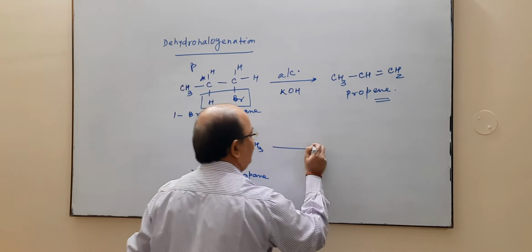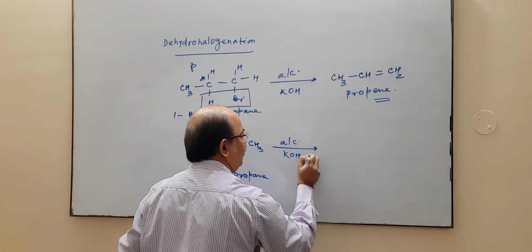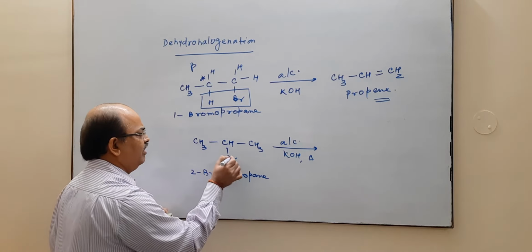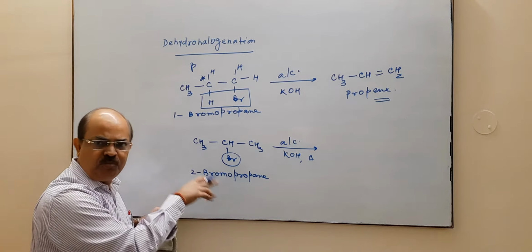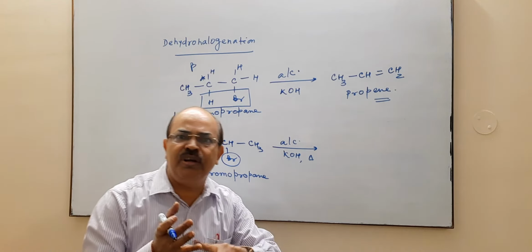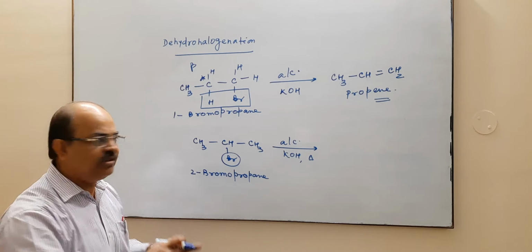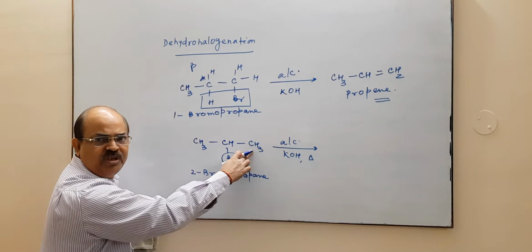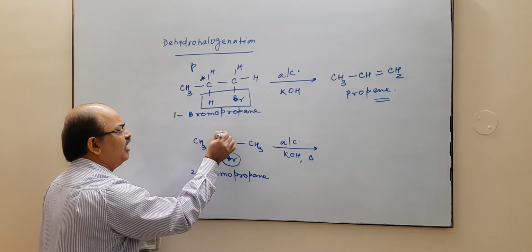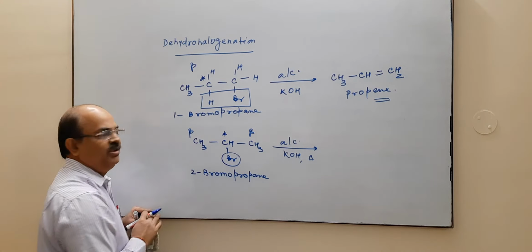Now if we heat with alcoholic KOH, again delta for heat, now what will happen? This bromine will be eliminated, while hydrogen will be eliminated from the beta carbon. Now in this case, this carbon is also beta carbon and this carbon is also beta carbon, because this carbon is alpha, then this will be beta, and again this will be beta.